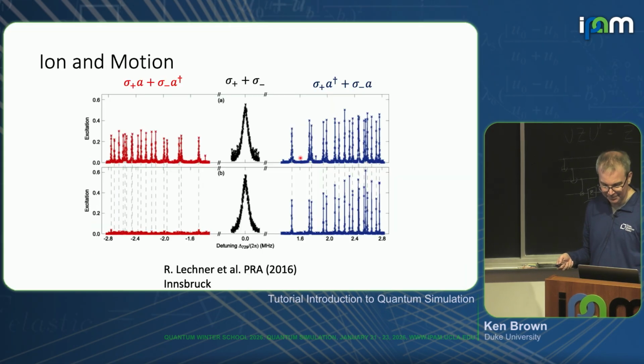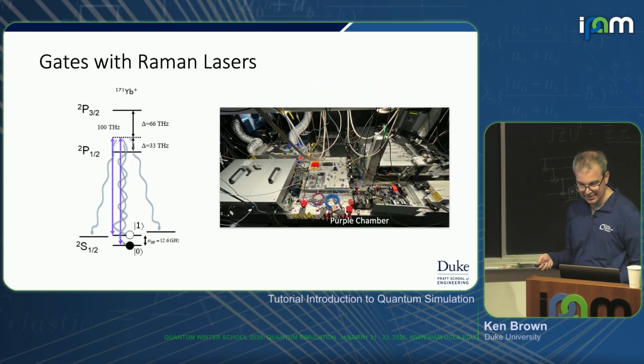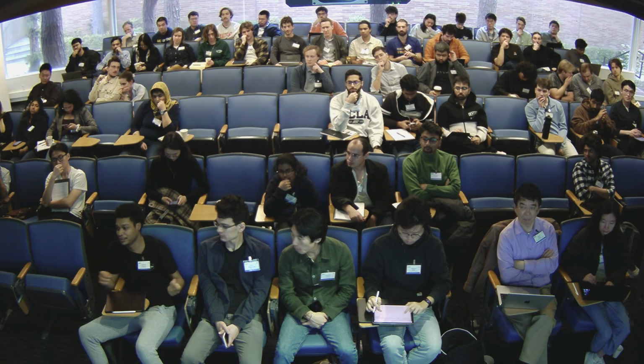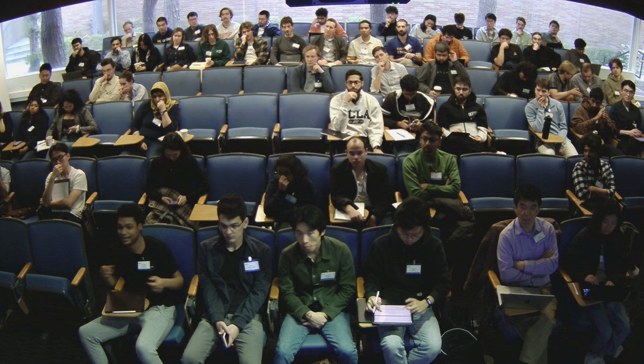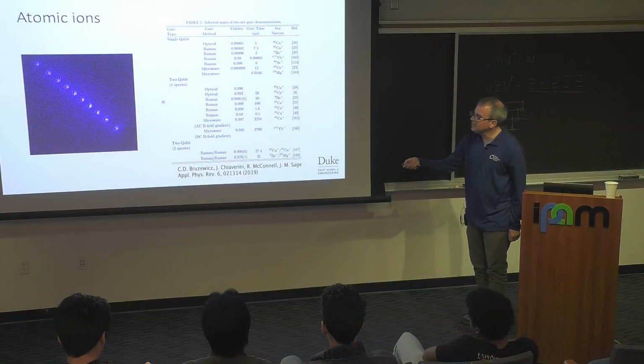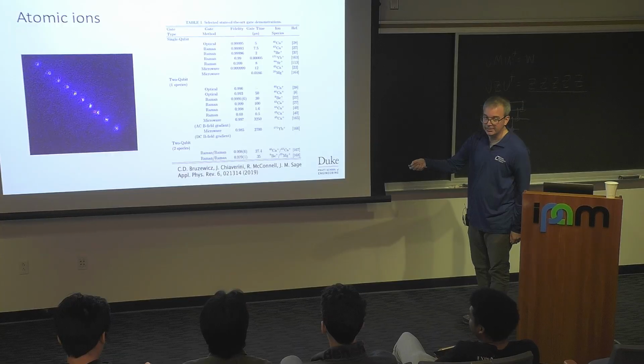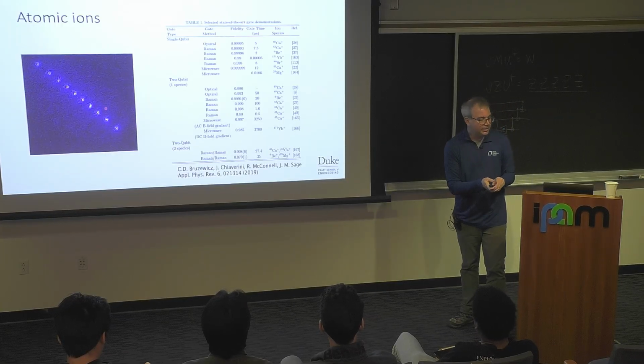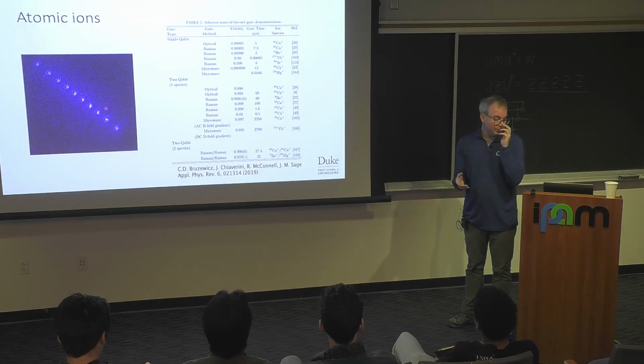All right, yes? How do you get the ions to behave so well and sit in this line without moving? Yeah. So the ions repel each other, so that spreads them out. And then the trap has two parts.